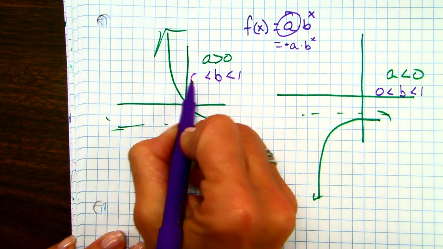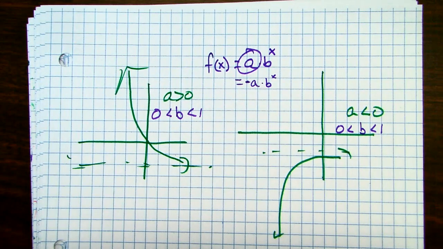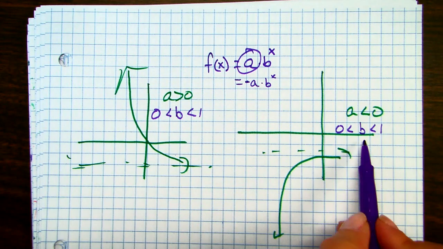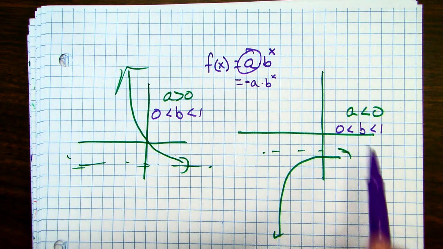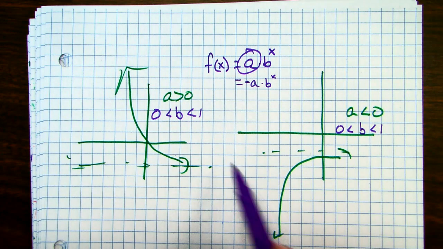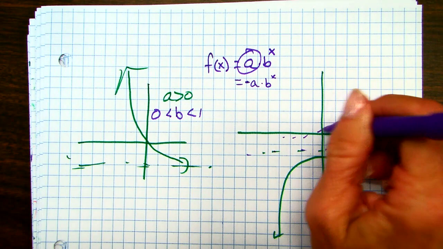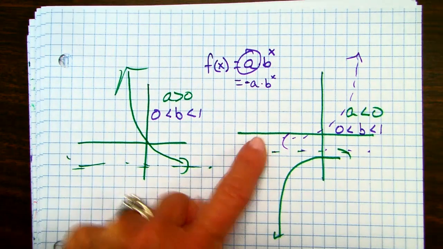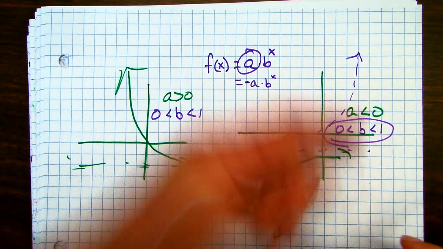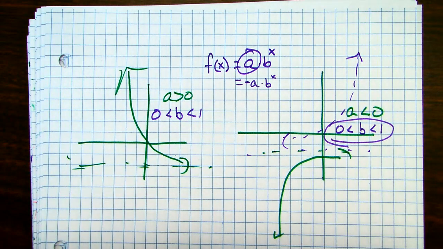The reason why is because you judge a graph's increase or decrease before you flipped it. So before it was below the asymptote, it looked like this. That's when you make this judgment. Then it flips. So anytime you have a graph that has an A that's less than 0, you have to think, where was it before it was less than 0, before I flipped it?